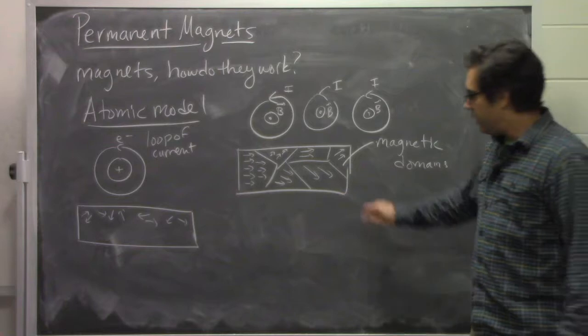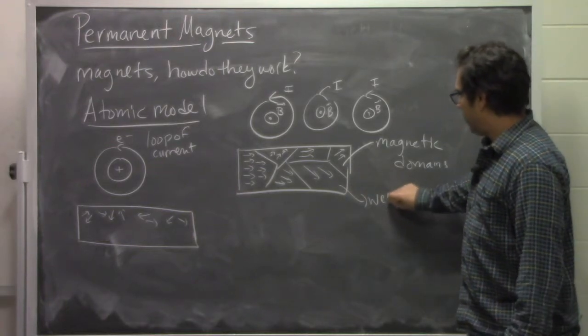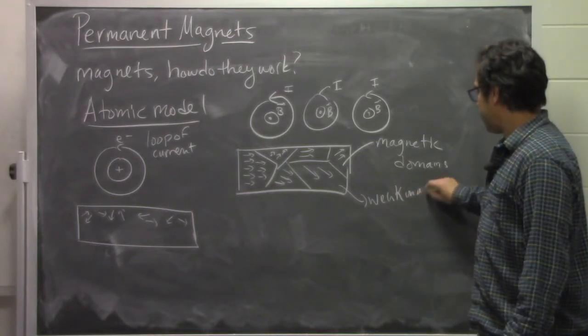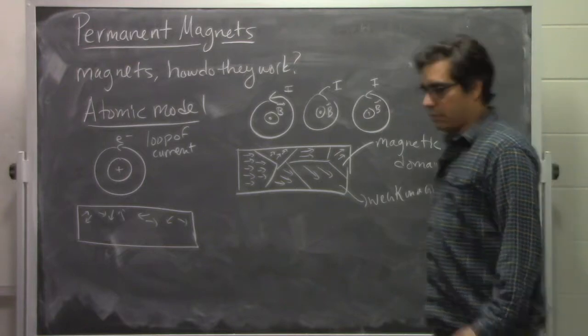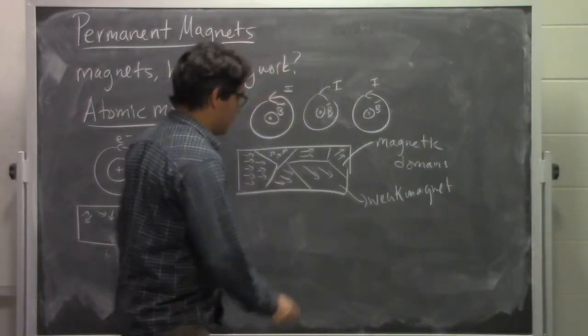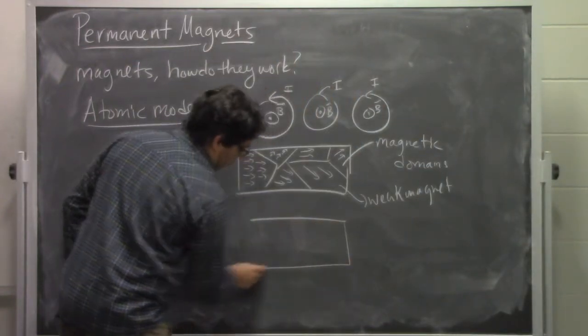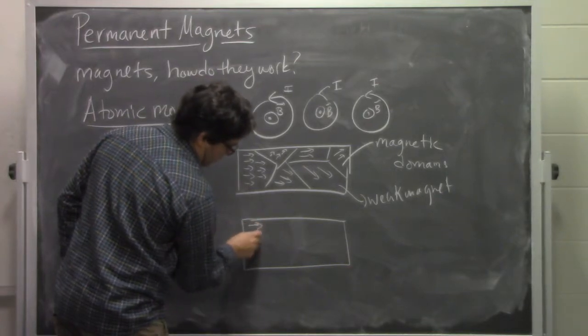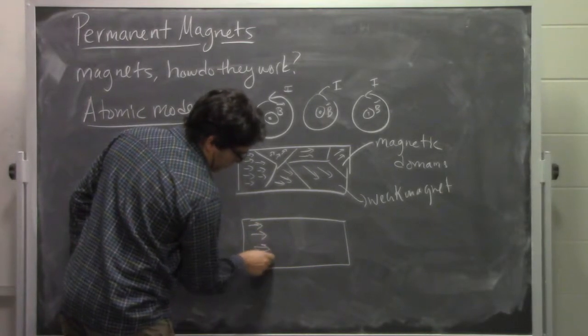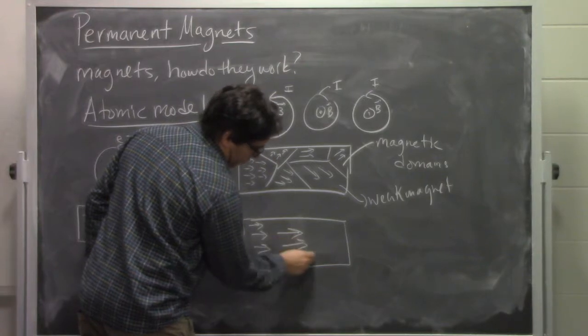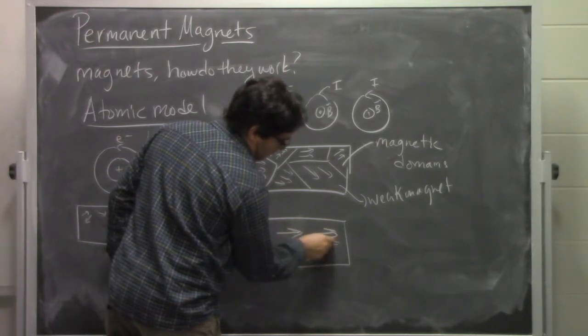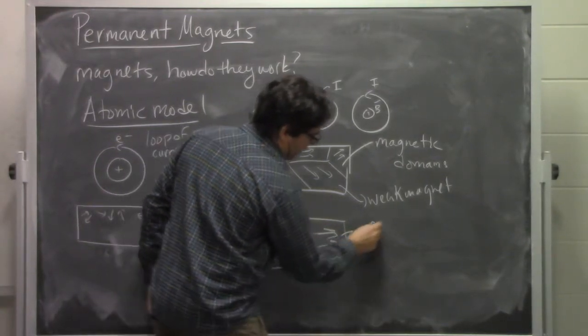But it's probably a weak magnet in this case. Whereas in a really strong magnet, what you would tend to see is a lot of coherence. So everybody lines up over very long distances. So this might be a strong magnet.